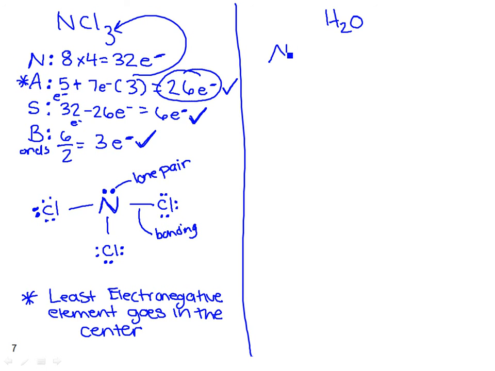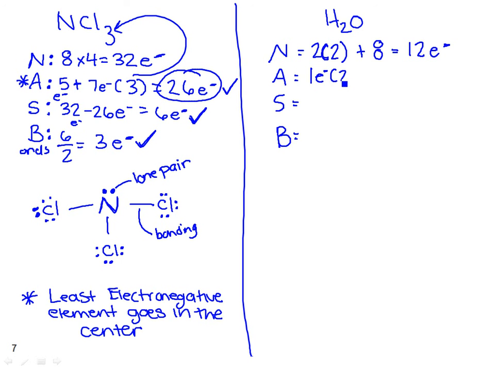Okay, we'll do the same for water. We have 2 hydrogens. Hydrogens want to have 2 electrons, not 8; they are the only exception. Oxygen wants 8, so we get 12 electrons needed. Available: hydrogen has 1 electron, and we have 2 of them.